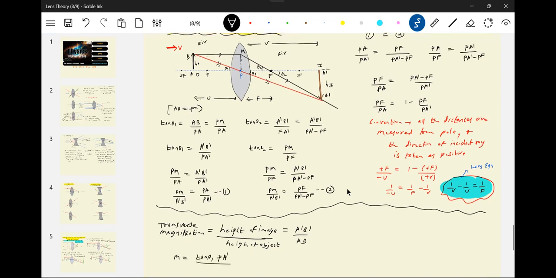Looking at the diagram above, tan theta 1 is A dash B dash by PA dash. Similarly, AB is tan theta 1 into PA.